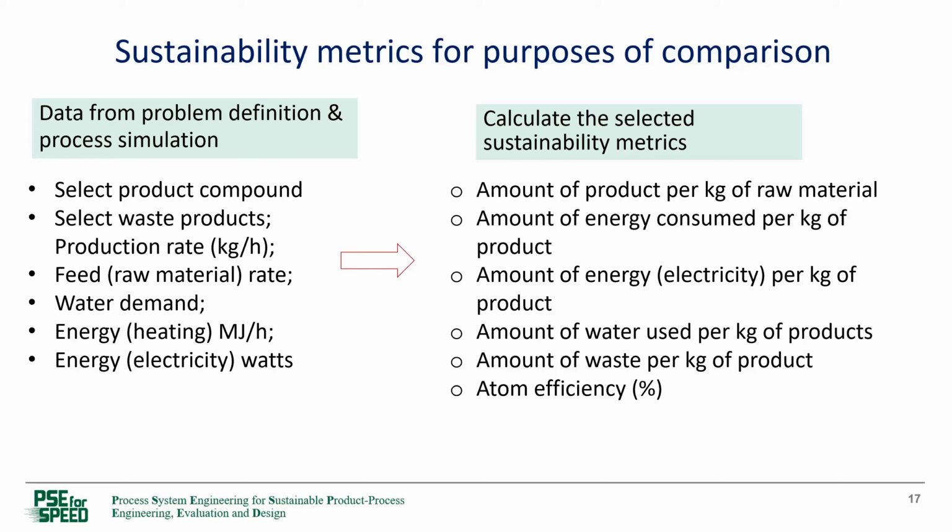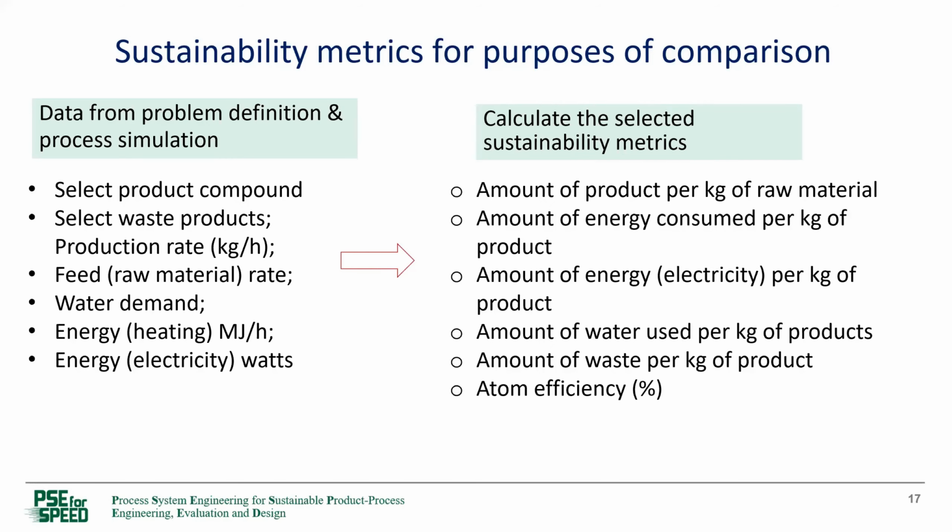So we can do that for amount of energy, electricity and non-electric energy, amount of water used, amount of waste per kilogram of product, and also atom efficiency. Atom efficiency means the atoms that are in the raw material, how much of those atoms go into the product.